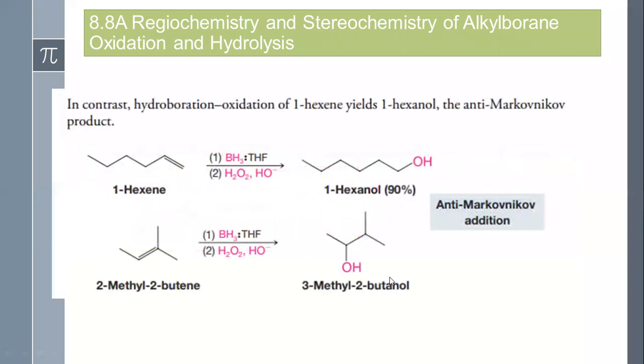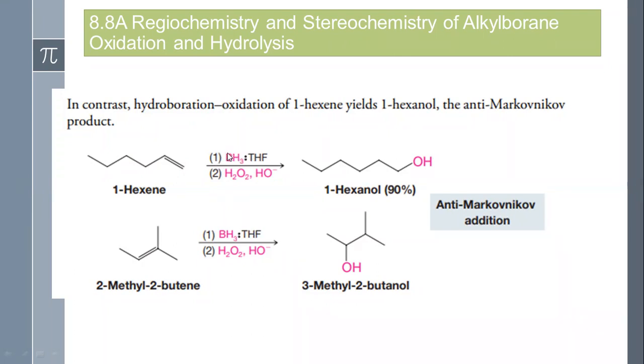In the hydroboration process, now it follows the anti-Markovnikov addition. They have a two-step reaction, but even if there are two steps, this reaction can still happen in the same vessel. For example, in the first step, you have the hydroboration process, your reagent is BH3 in THF. You can have your diborane.